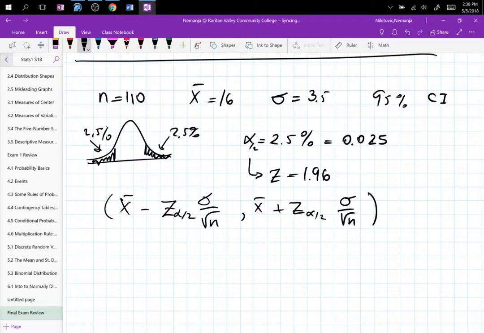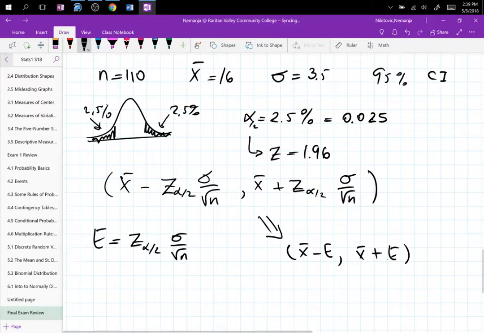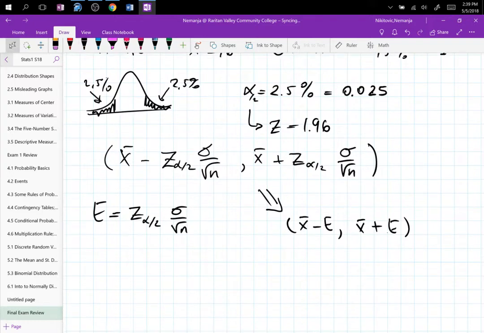Now, a better way to write this is that E is z alpha over 2 sigma over square root of n, and then just recast the whole thing as the interval x bar minus E, x bar plus E. So E is the margin of error. You compute that first, and then just add and subtract.